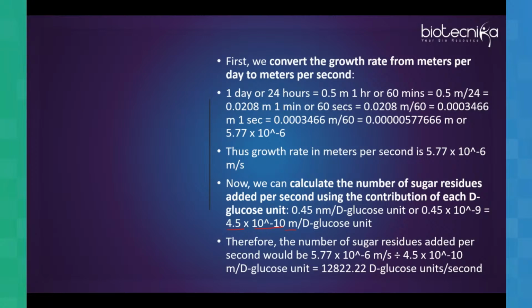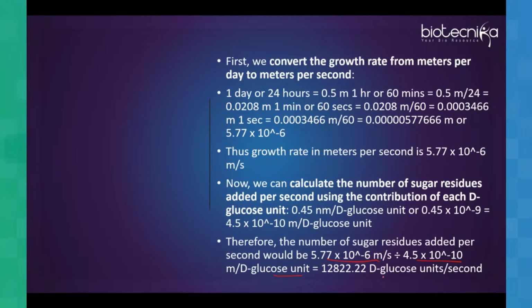Now you have the growth rate per second, this much is added, and you have the glucose unit length. So the number of sugar residues added per second would be the growth rate divided by the length.